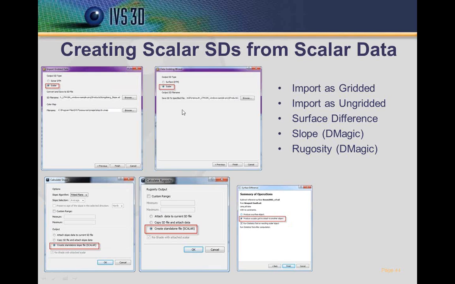So you use the import gridded data or import ungridded data wizard, but when you get to the last screen, instead of choosing the sonar DTM or surface DTM option, you'll choose the scalar option. You can also create scalars using the calculate rugosity or calculate slope algorithms. These are in DMagic. So if you're running DMagic and you run these analyses, you can choose to create standalone scalar files for each of those.